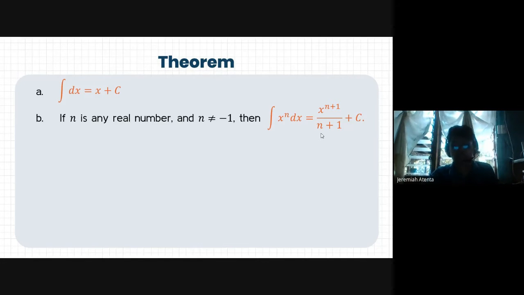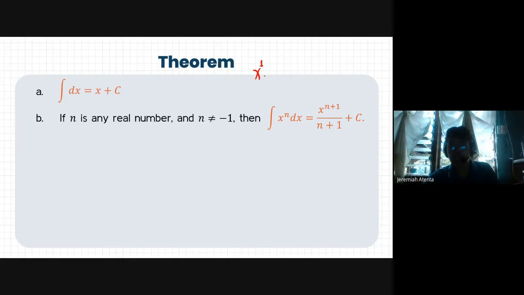But here, ito actually yung ginamit ninyo. Yung power rule. Okay? So power rule 'yon. Like what is the integral of x? Ano yung antiderivative ng x? Ganun 'yon, 'di ba kanina? Take note x has the exponent 1.